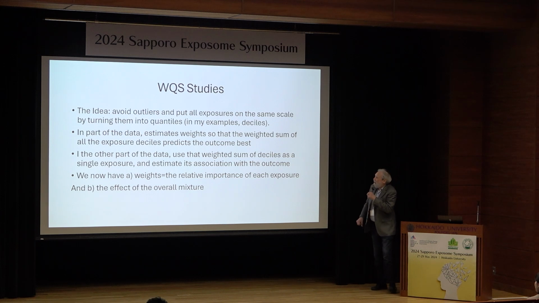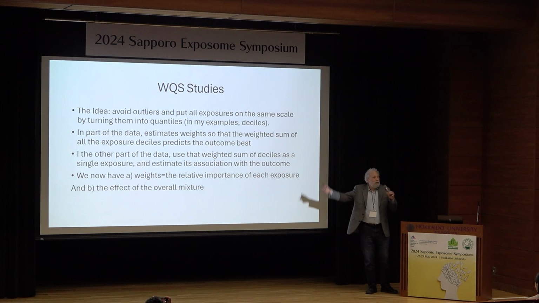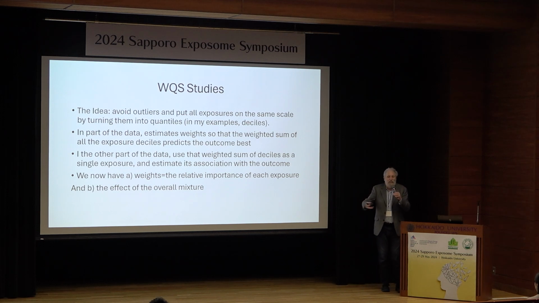So the way this works is you divide the data into two parts. And in the first part, you calculate a weighted sum of the deciles for each of your exposures that fits the data best, right? So I explore all these different weights and I try to find the set of weights for different exposures, different PFASs, for example, that has the most correlation with the outcome.